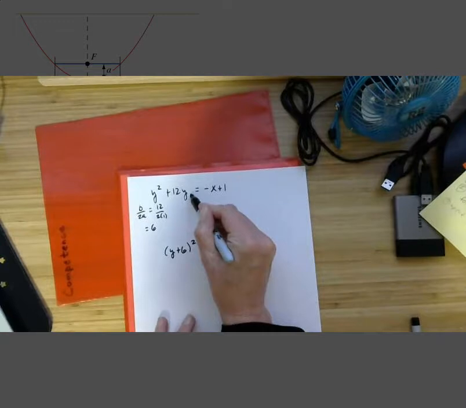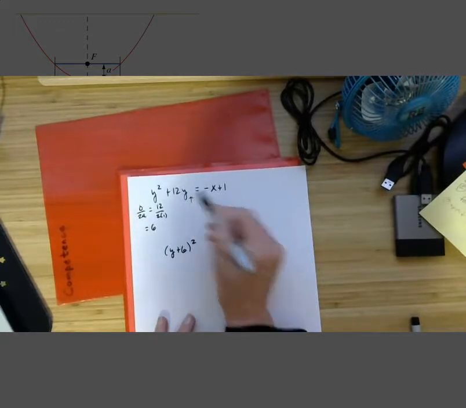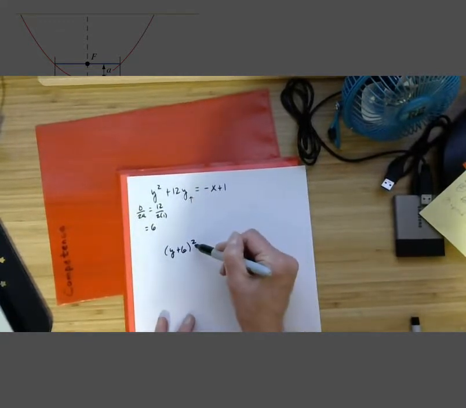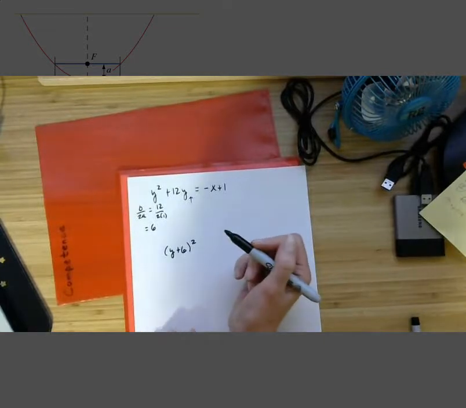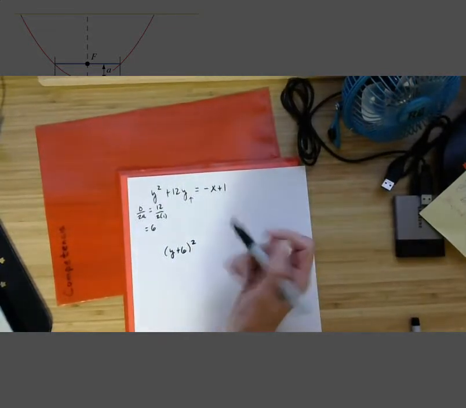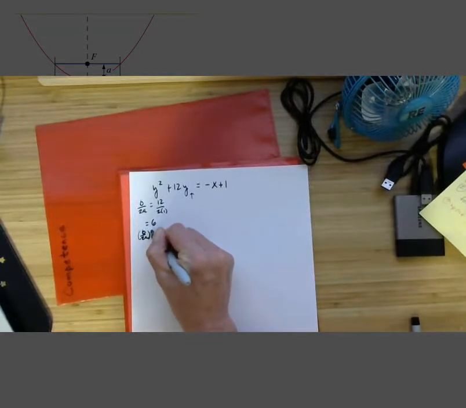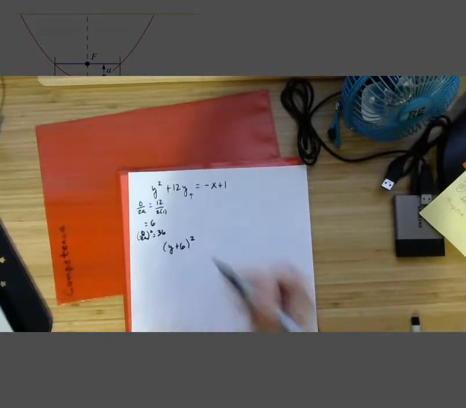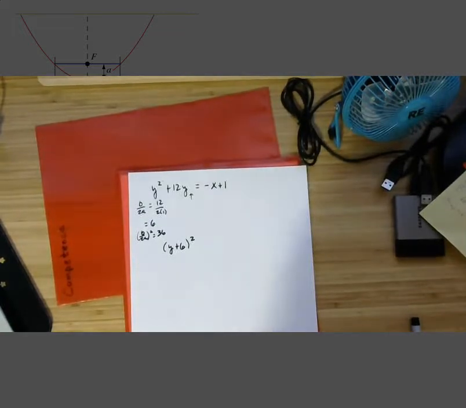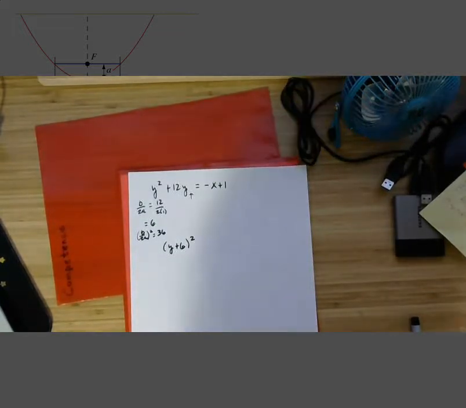Now, what do I need to add here next to it to make it factor this way? How can I complete that perfect square trinomial? I need to square the b over 2a, and that would give me 36. So I need to come up here, and I need to add 36, and I need to subtract 36.